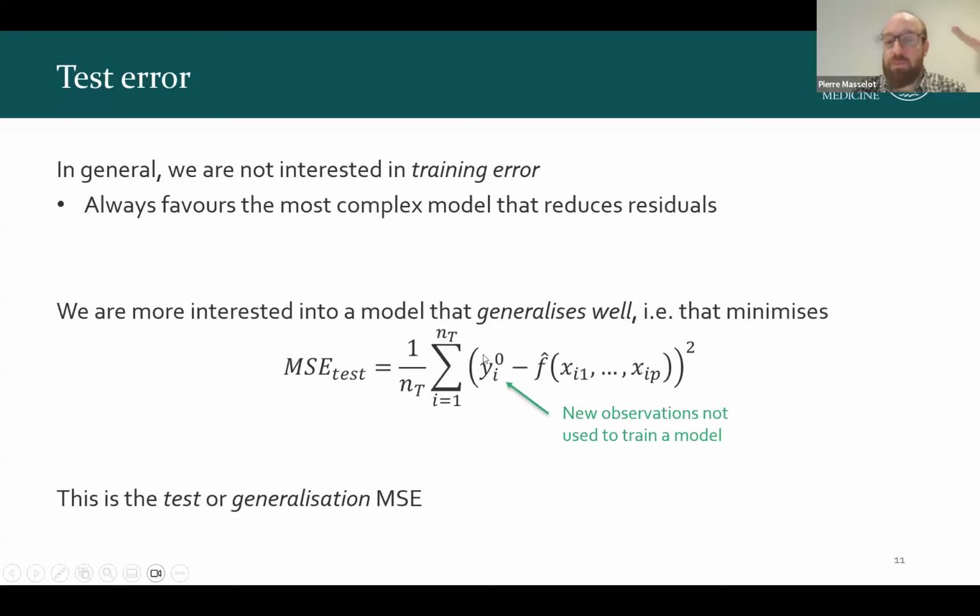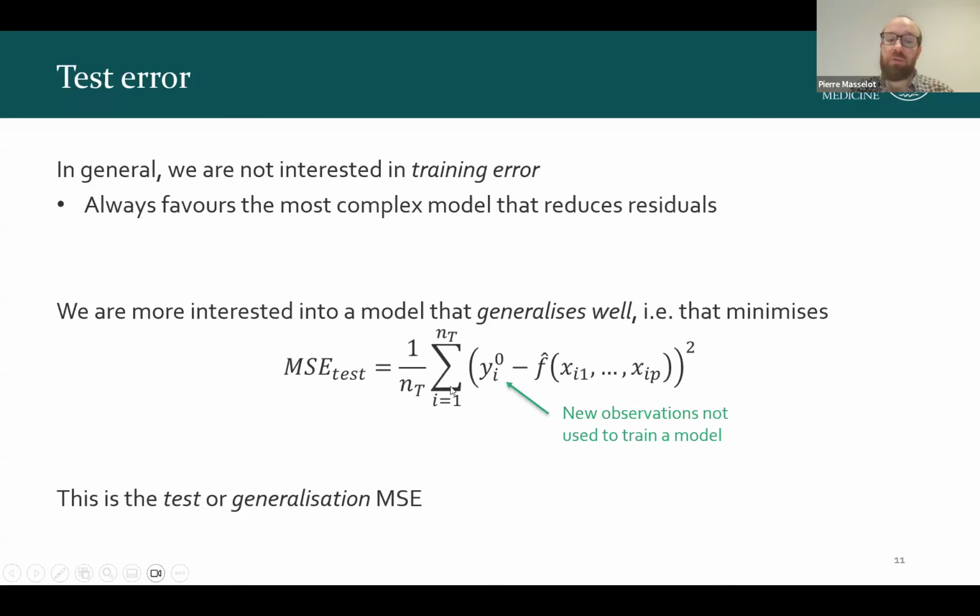The idea is that we want to measure this MSE on new observations that have not been used to train a model. This makes sense because, if you remember, I gave an example at the beginning of the lecture: say you have your machine learning model and you have new patients, for instance, and you want to predict their blood pressure or any outcome of a disease or of a treatment. What you want is to make good predictions on new patients, on new observations.